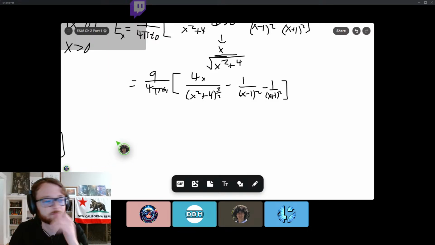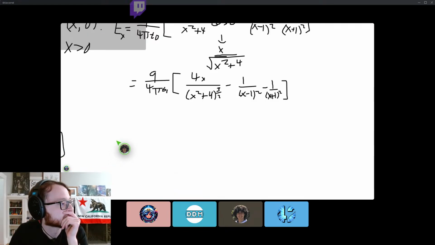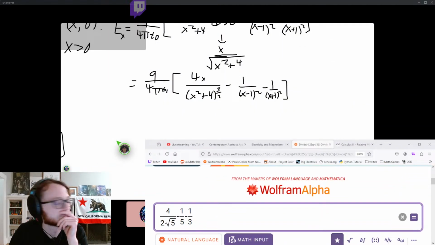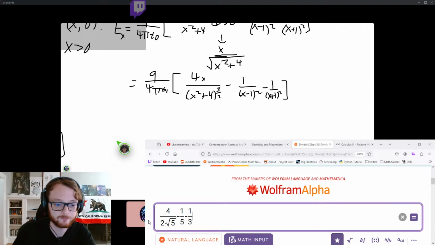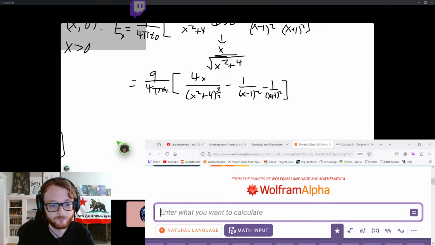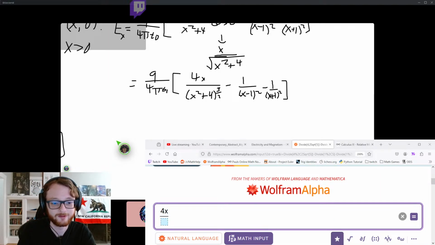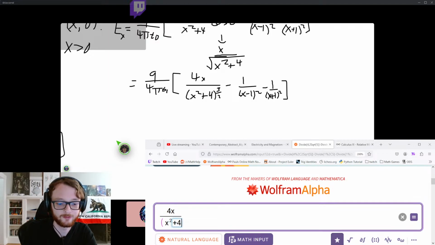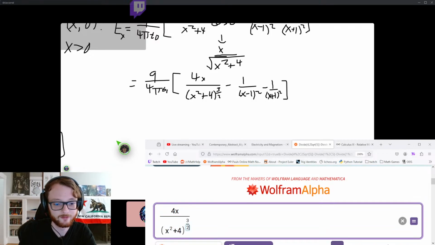Hmm. Wait, oh yeah, because you have this self intersection. Okay, yeah. And just by the symmetry of the problem, you can kind of look at it and see that the electric field has to be 0 at the origin.